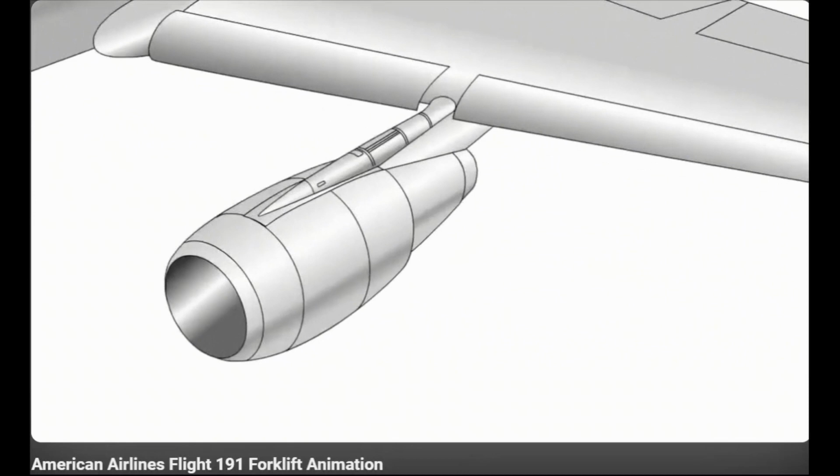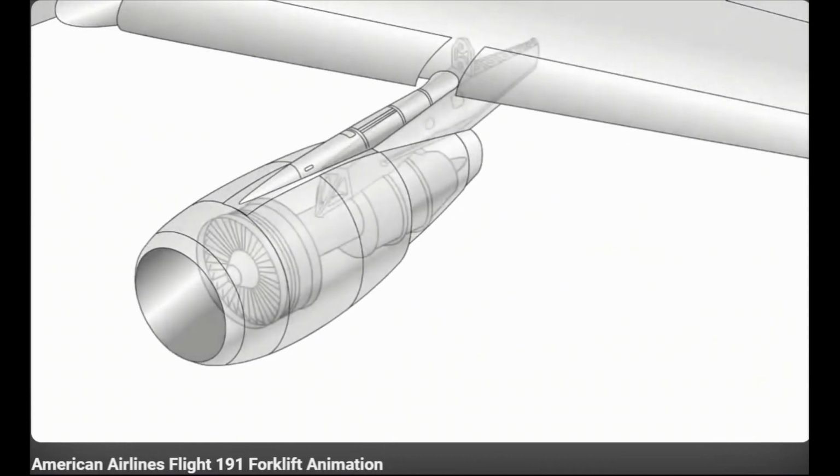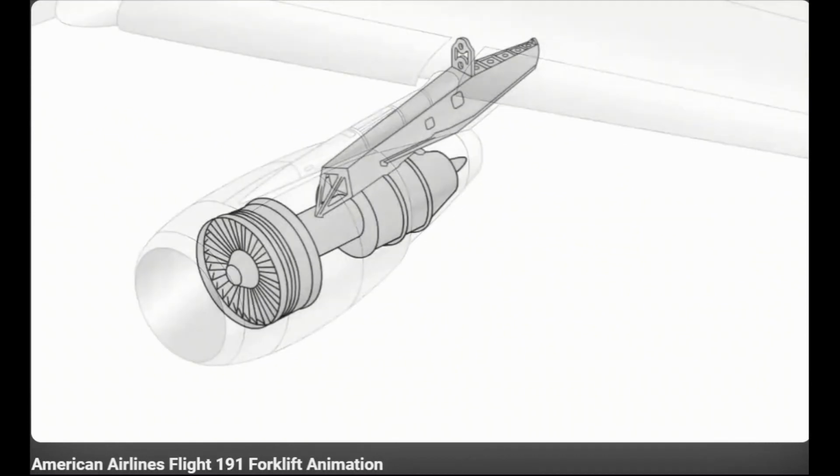In order to reduce the time required to perform maintenance on the pylon attachment fittings of the DC-10, American Airlines developed a procedure to remove the engine and pylon as a unit. The maintenance required removal of the pylon from the wing, and procedures specified by McDonnell Douglas assumed that the engine would already be removed.